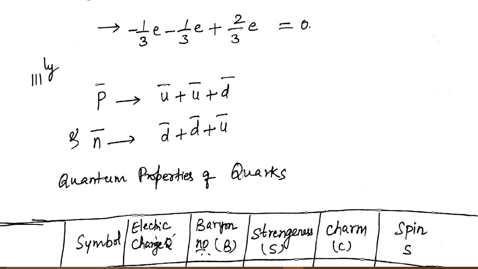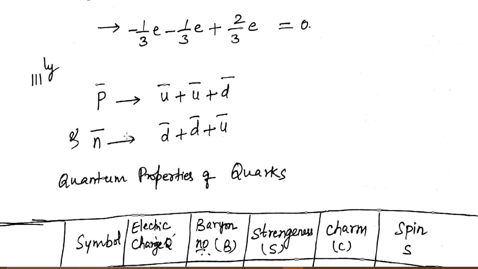Similarly, for the antiproton, you can write these reactions. Antiproton P complement giving rise to U complement plus U complement plus D complement. It means an antiproton is formed due to the combination of 2 anti-up quarks and 1 anti-down quark.